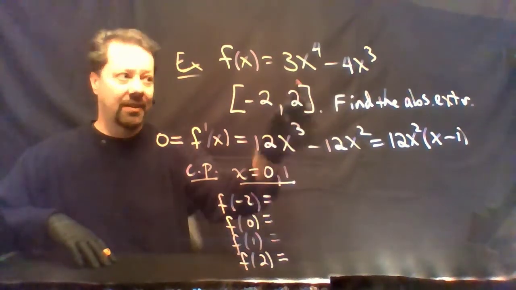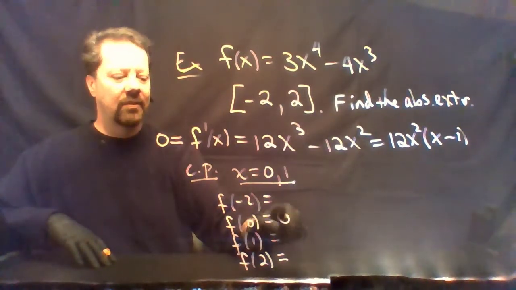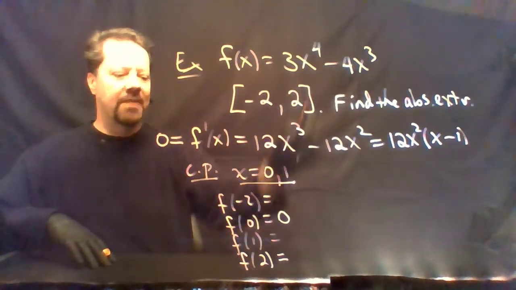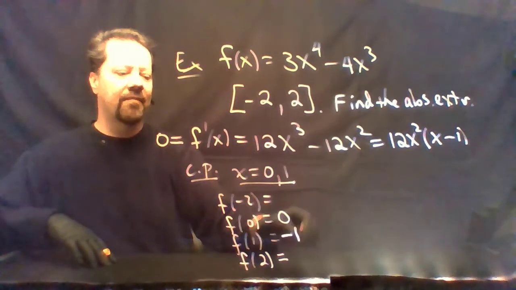Evaluating at 0 is particularly easy. We get a height of 0 there. And at 1 is pretty easy too. 3 minus 4 is -1.